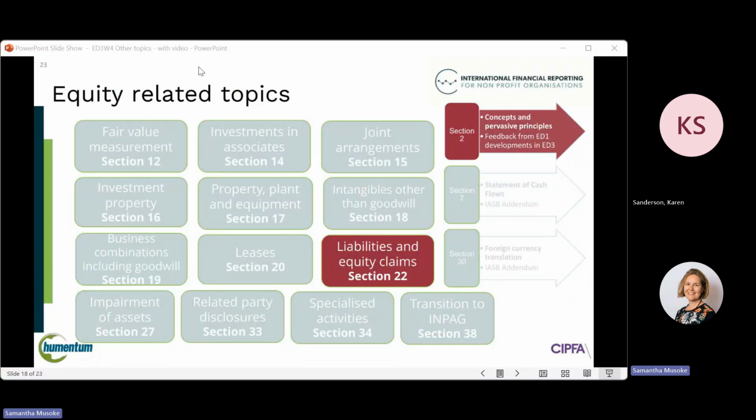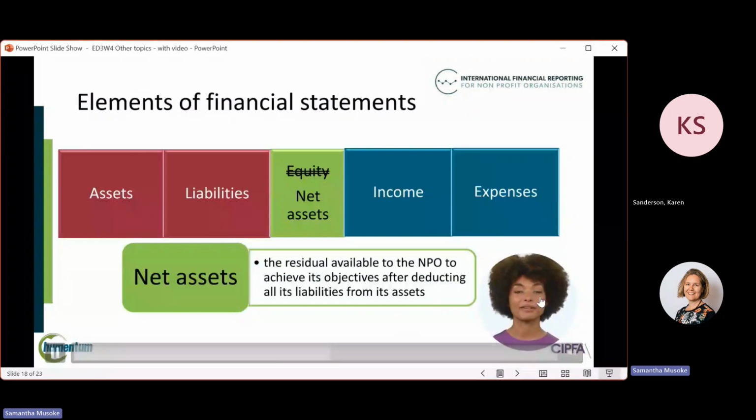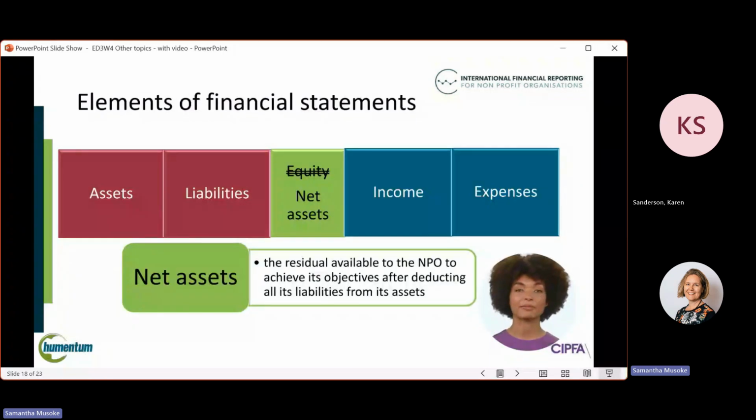A survey we conducted in 2023 found that in the rare cases where NPO equity instruments exist, they do not generate any entitlements other than a return of funds put in. We had originally included equity as a financial statement element in Exposure Draft 1. But in response to feedback and the survey, it is now proposed to be removed.